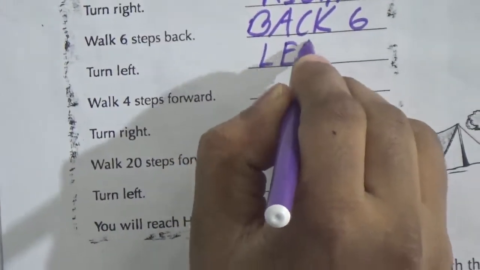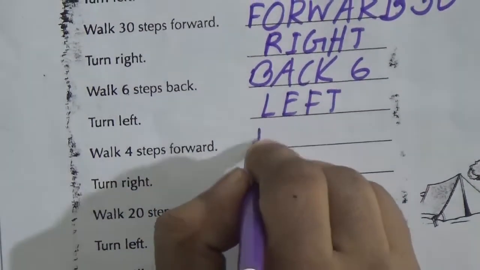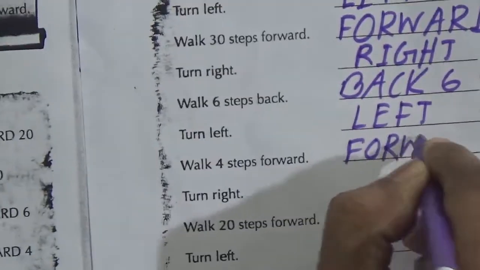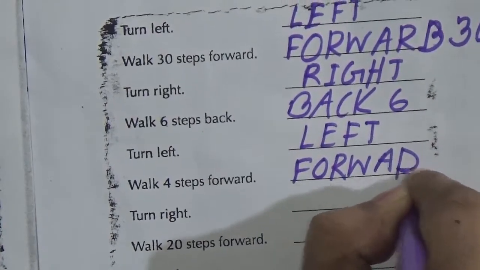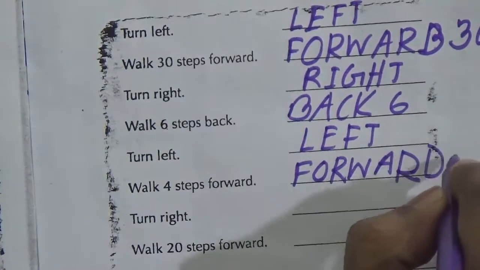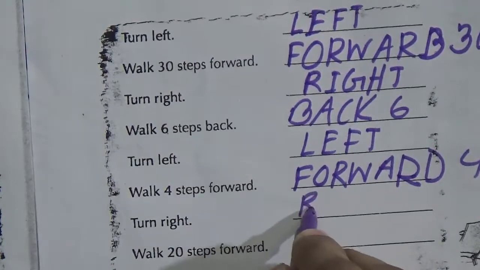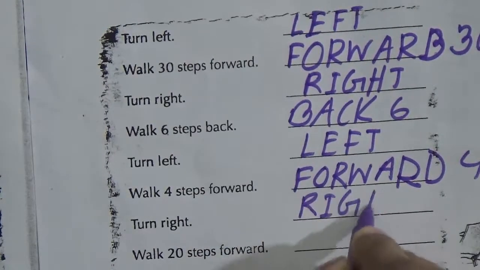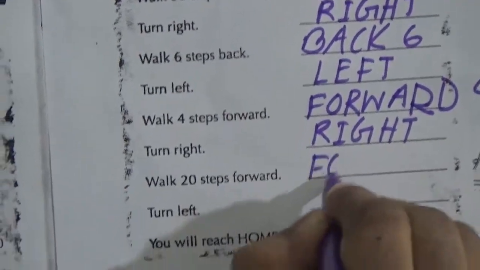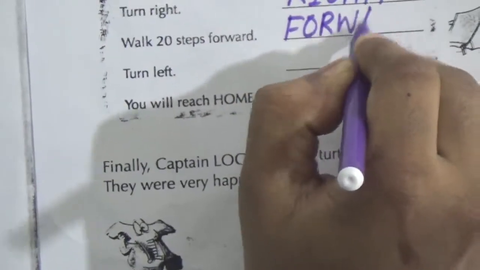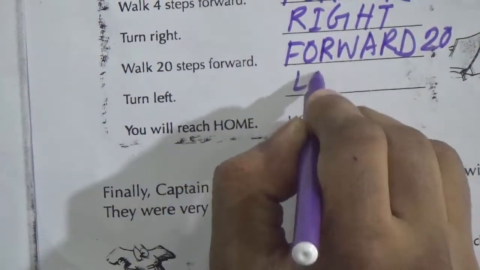We will write only left. Walk 4 steps forward. We will write forward 4. Then turn right. We will write right. Walk 20 steps forward. So we will write forward 20. Turn left.